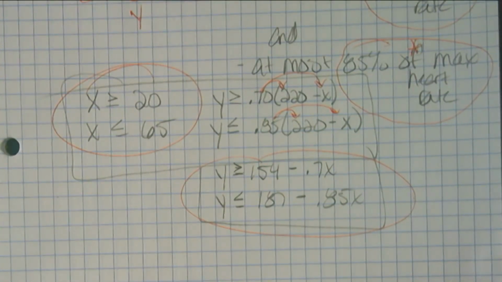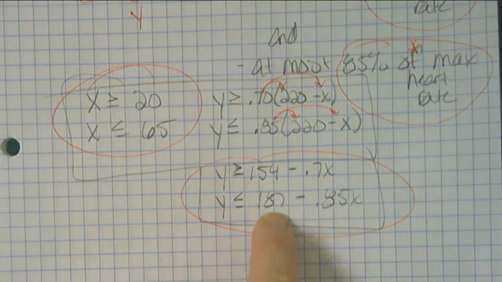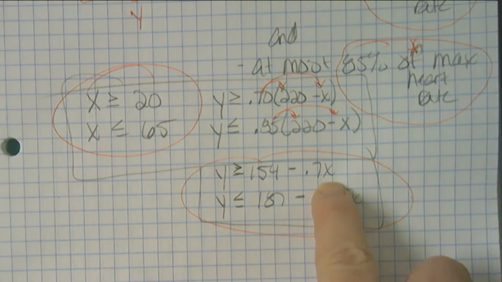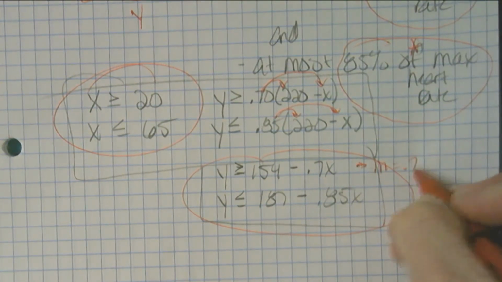Now the tough part that I'm hoping most of you caught on to here was I have to coordinate my y-intercepts of (0, 154) and (0, 187) with these slopes. My slope here is 0.7.